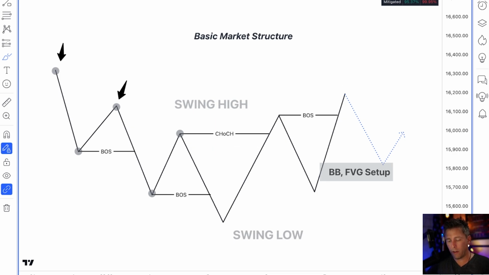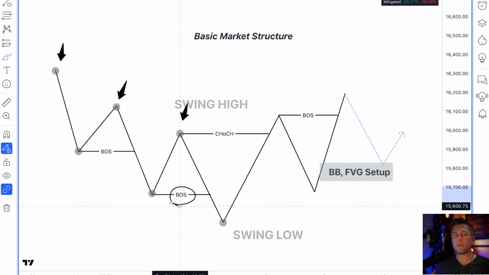So that's why I have that there. But the market pulls back and creates a lower high right here, and then proceeds to make a lower low, breaking structure along the way. You can see that the break of structure was here. And so when the market surpasses that previous lower low, that's when that break of structure occurs.